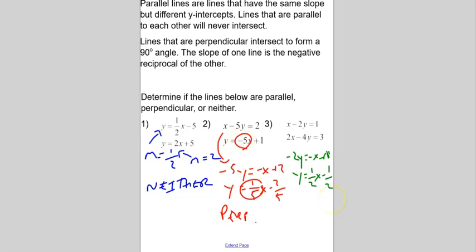So we should have negative 4y is equal to negative 2x plus 3. And then when we divide, we'll get y equals 1/2 x. Your y-intercept doesn't impact whether it's parallel or perpendicular. So we have 1/2 and 1/2, so those would be parallel lines. If you don't have y by itself, you do need to solve for y.